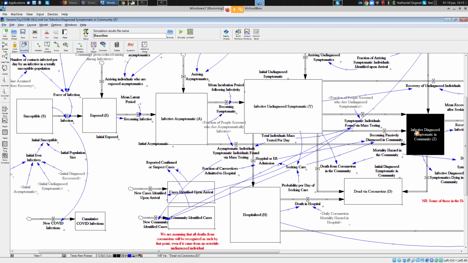It helps us structure our thinking about how one stage might lead to the next, about at what point, for example, people seek care, at what point people might be found via testing within the population. But it does more than that.